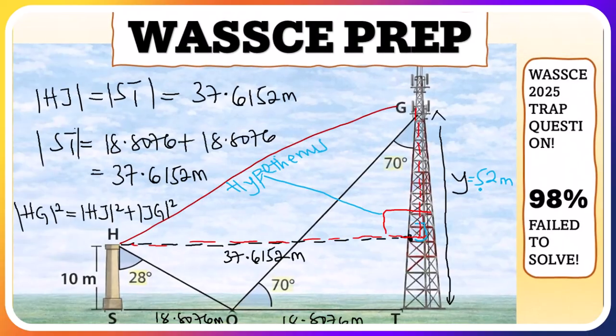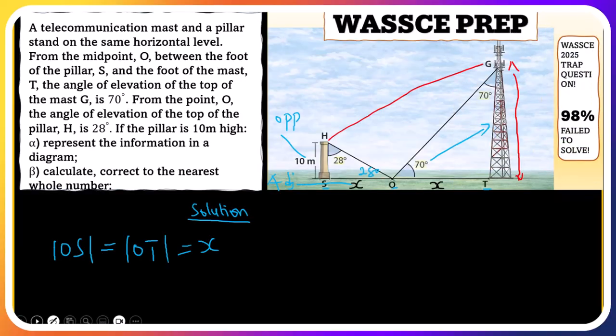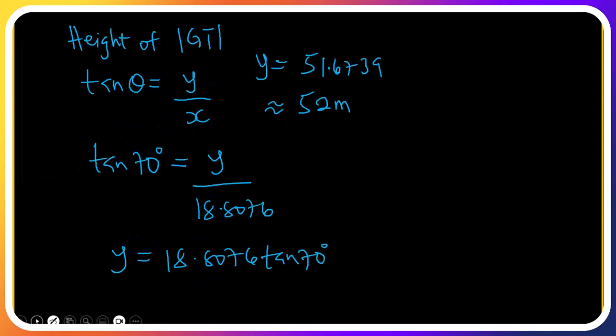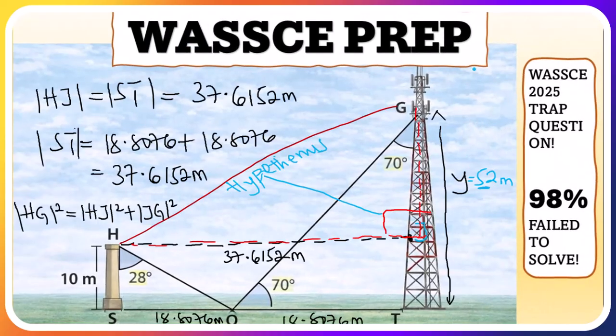It seems 52 was the approximated number, to the nearest whole number, but when solving we don't use the approximated number but the decimal digits, which was 51.6739.